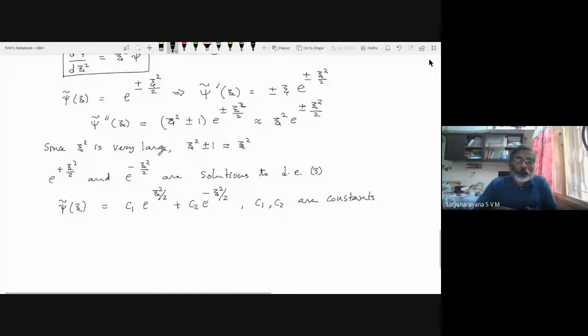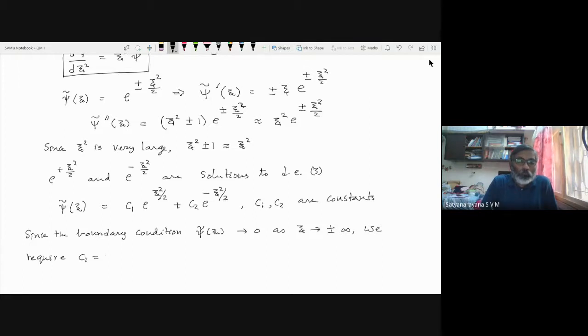That means, since the boundary condition says psi tilde of xi should go to 0 as xi goes to plus or minus infinity, we require c1 to be equal to 0. Otherwise, that condition will not be satisfied.